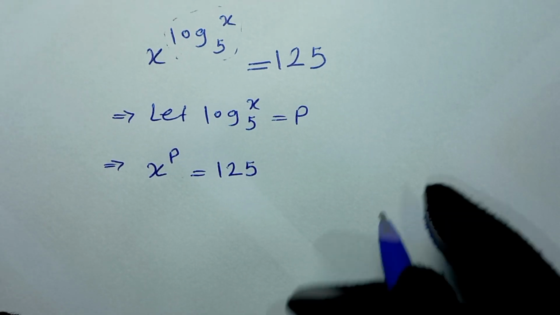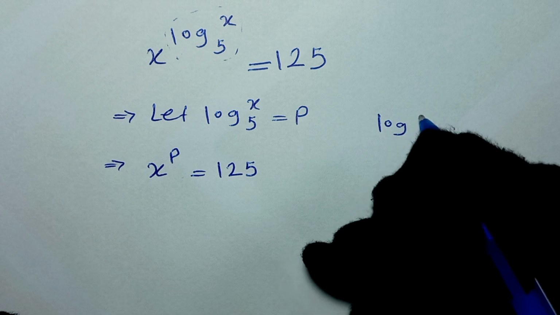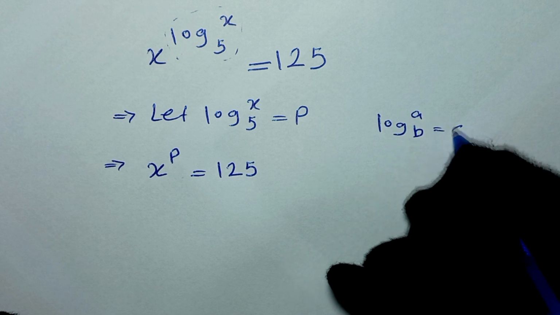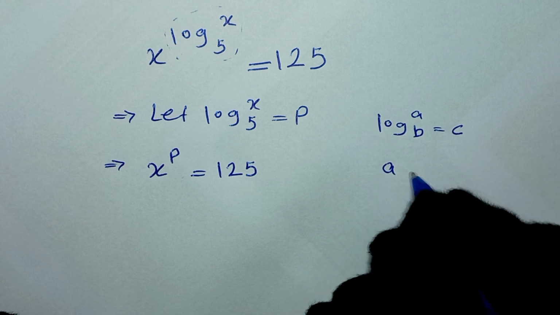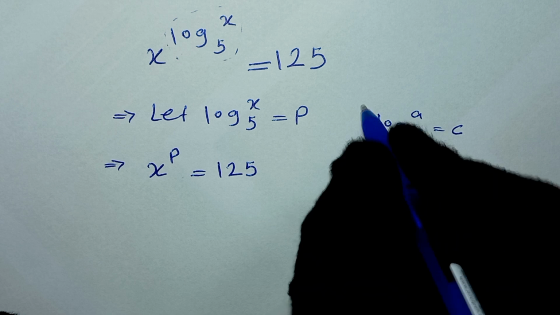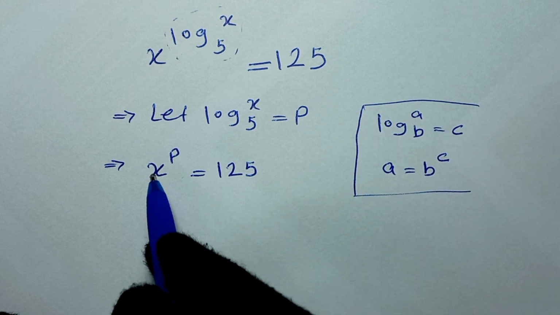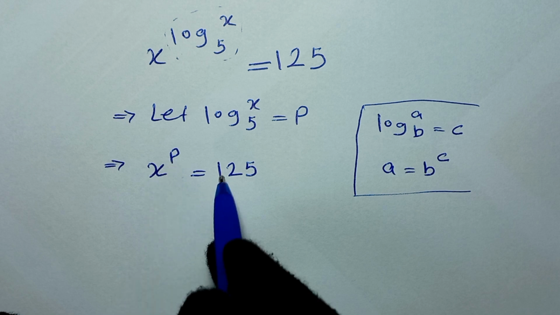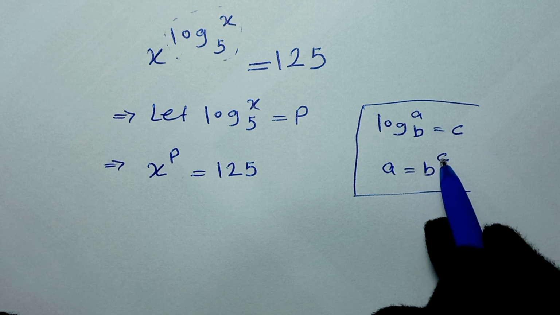And from log rules, if we have log of a to base b is equal to c, we can write this as a is equal to b to the power of c. So in here we have x to the power of p is equal to 125 and b to the power of c is equal to a.